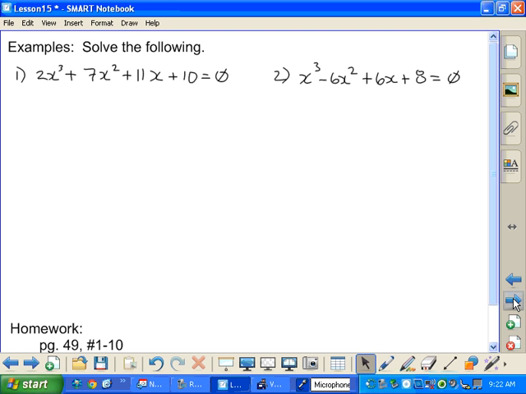Remember, cubics: how many solutions will they have? Well, they have to have one because the graph exits in opposite directions. We talked about that property of cubics. So there could be 1 to 3 solutions.